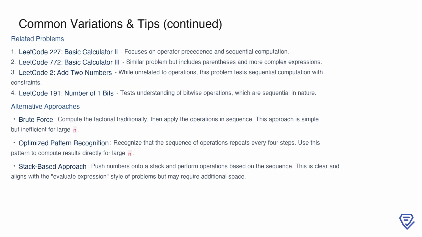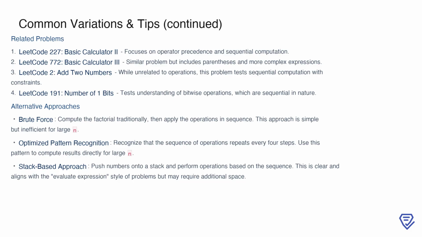To deepen your understanding of the clumsy factorial problem, it's helpful to explore related problems. For instance, LeetCode 227, Basic Calculator 2, focuses on operator precedence and sequential computation, which is directly relevant here. LeetCode 772, Basic Calculator 3, introduces parentheses and more complex expressions, making it a natural extension of the ideas in this problem.